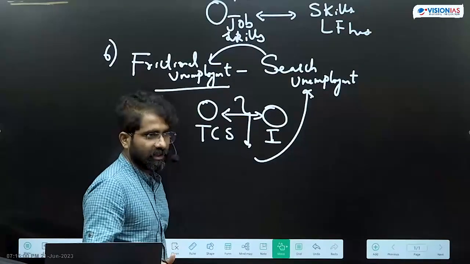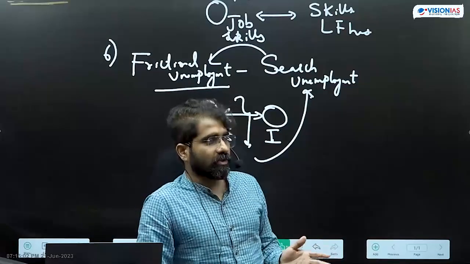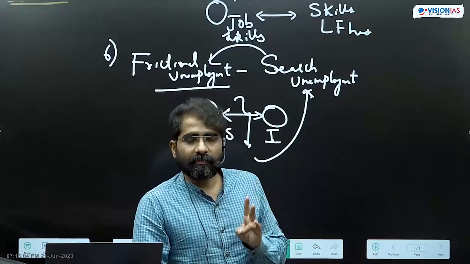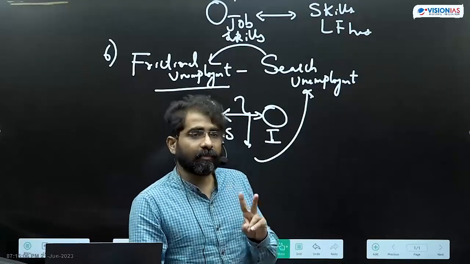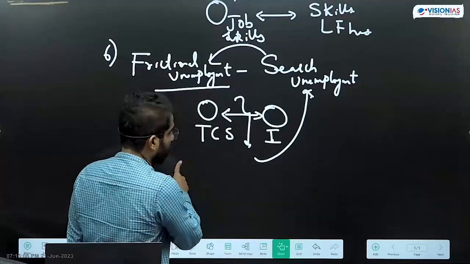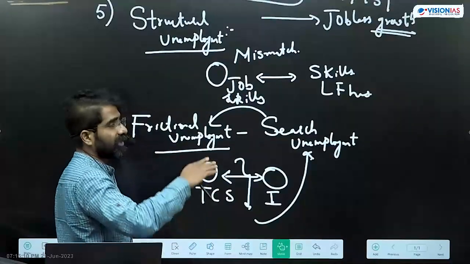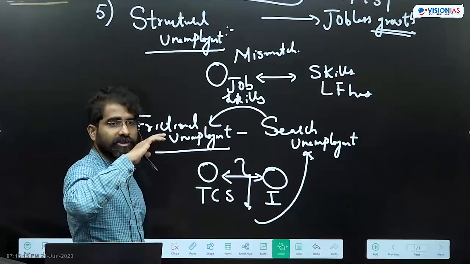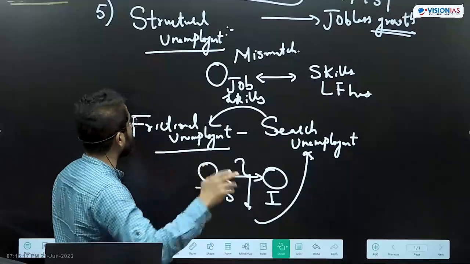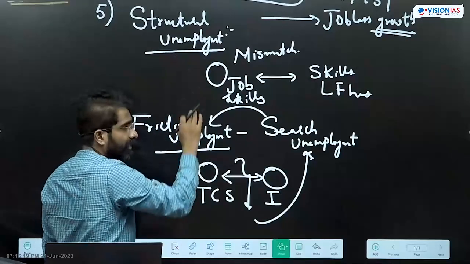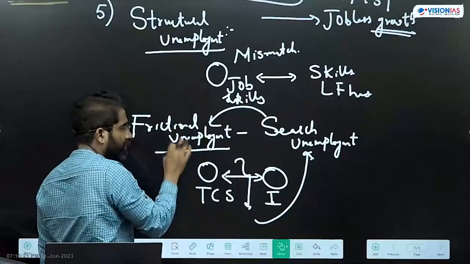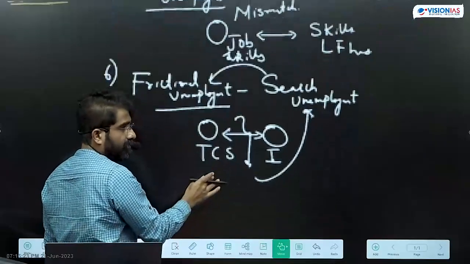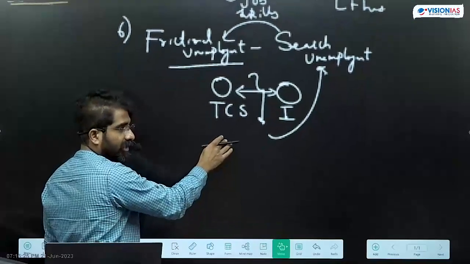But these are the two types of unemployment which cannot be removed from any economy, though the economy is at its peak potential. You have handled cyclical unemployment, the economy is growing at its peak, and still two types of unemployment cannot be removed completely. They are structural and frictional. I think it is clear, structural and frictional.